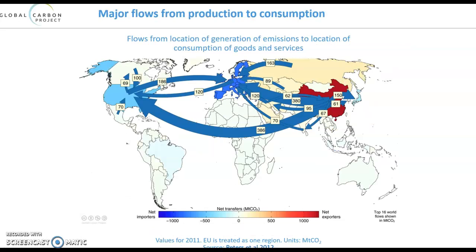That said, you can see in this map how that looks globally, just drawing the arrows. Anything that's a blue color is a net transfer of carbon dioxide embodied emissions to, so these are receiving countries, so the European Union, us, parts of South America a little bit are net receivers, as well as Japan in that story too.